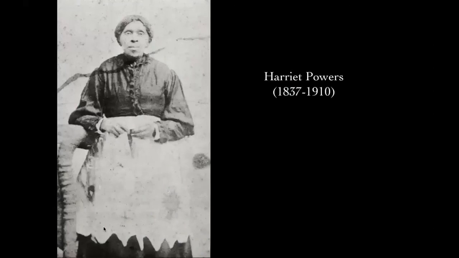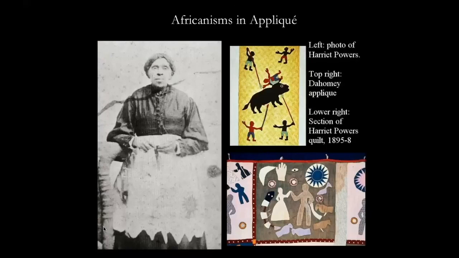The last group of artists I have are all artists who worked for themselves. Harriet Powers is a quilt maker, and there's a lot of Africanisms in her work, and we use that term Africanisms to describe African cultural inheritance. At the top right is an example of Dahomey appliqué, and you can see the same qualities of abstraction and the same technique of cutting out these forms and sewing them onto a background in Harriet Powers' work.